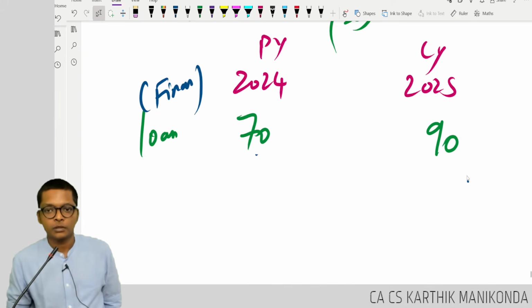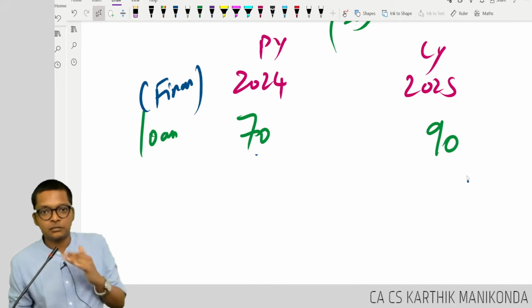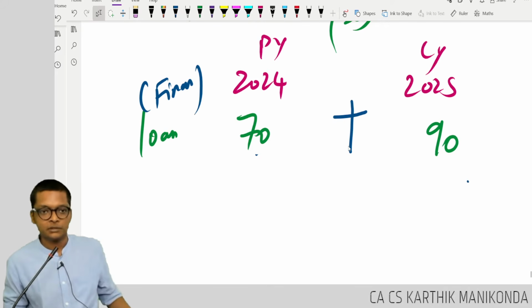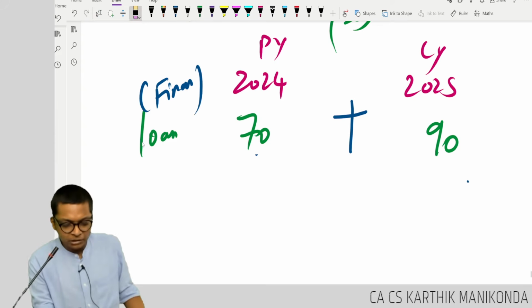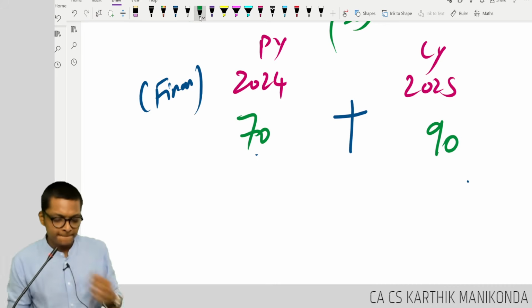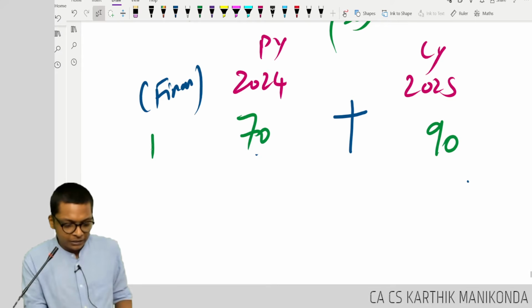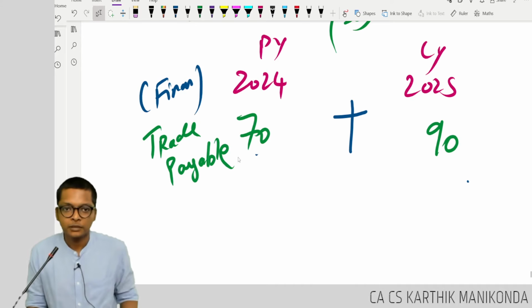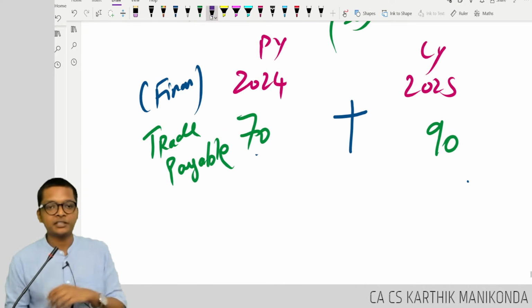What is the meaning? I took a loan. That means cash increased or decreased? Cash has increased. That means cash flow will increase. Are you following, guys? But instead of loan, follow carefully. Let me write the same 70, 90, but trade payables. What is the meaning of this?